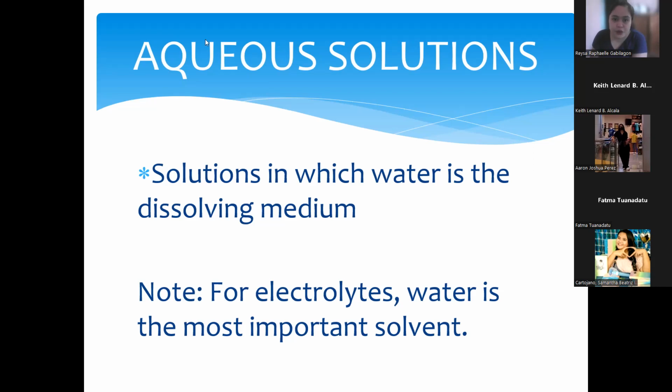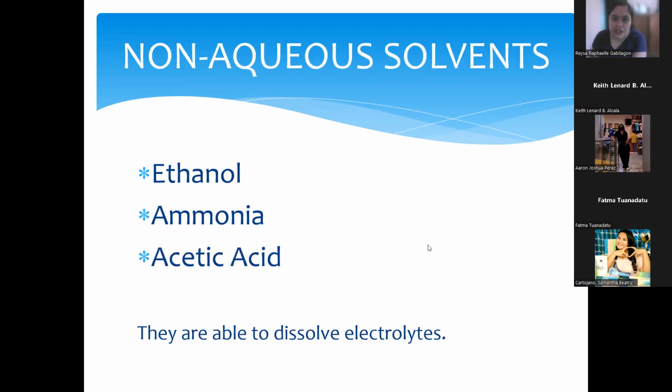Okay? So for electrolytes class, water yung pinaka-importante natin na solvent. So most of our electrolyte solutions, water talaga ang dissolving medium. Pero yung pag-dissolve natin ng electrolyte, hindi lang naman siya limited to water. Meron din tayong tinatawag na non-aqueous solvents.